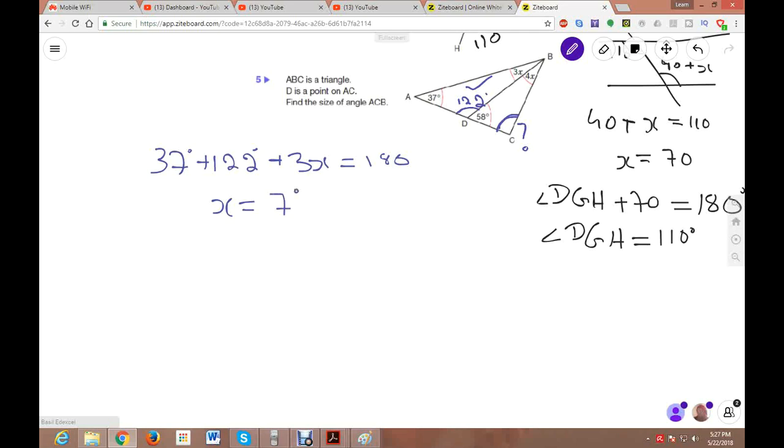So this shows that 4x is said to be 28, therefore 28 plus 58, for ACB or BCA, so it's 94.